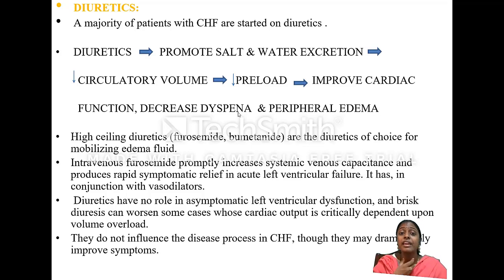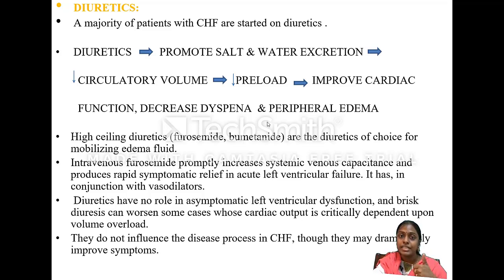Dyspnea is when they can't breathe properly. And peripheral edema: I already told you edema is due to water, the accumulation of water in our body, so every part will get swollen. To avoid that, we will give two types of diuretics here.